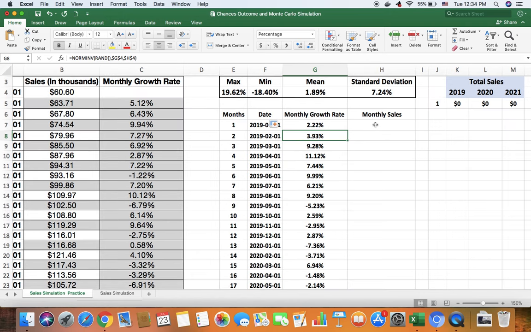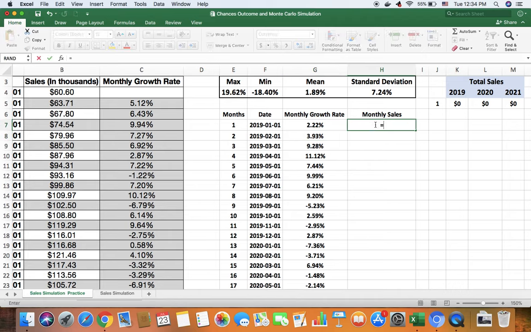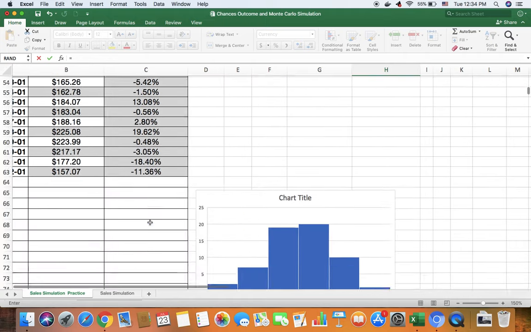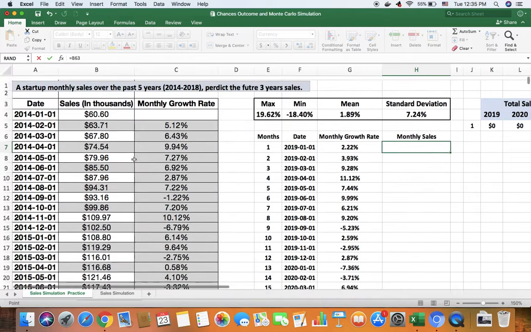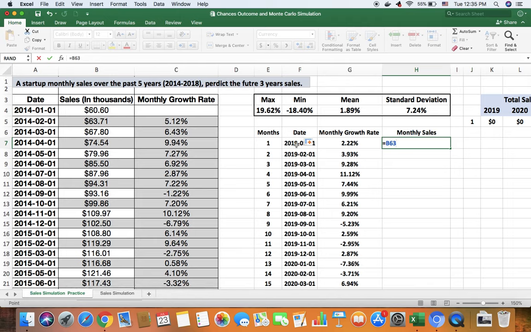We are going to calculate monthly sales. The first month of 2019 is the ending value of the last month of 2018, times 1 plus growth rate, enter.